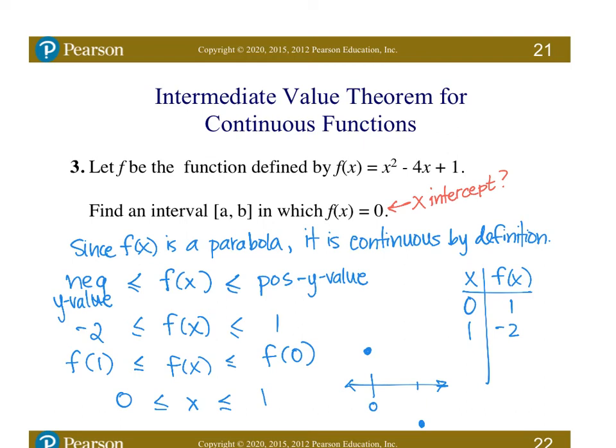This parabola is connecting those two points, which means that it has its x-intercept somewhere between 0 and 1 where it crossed the x-axis.